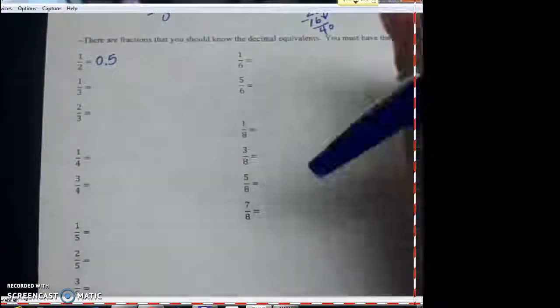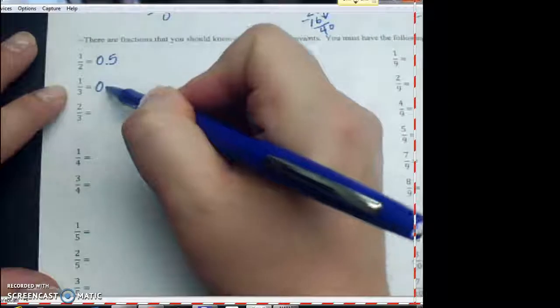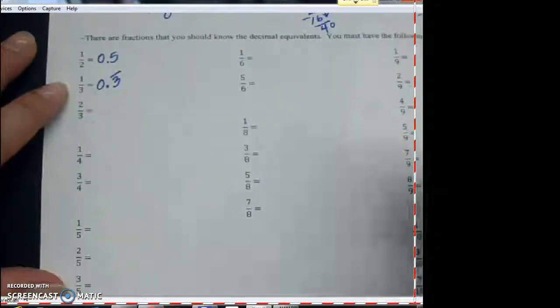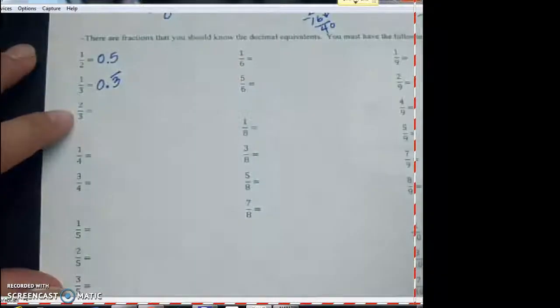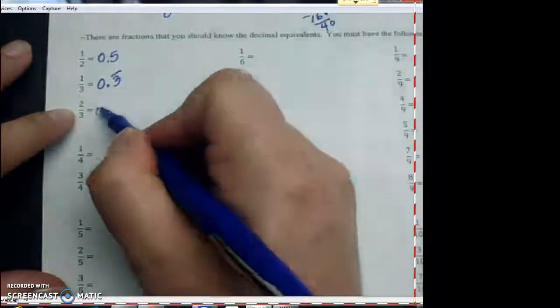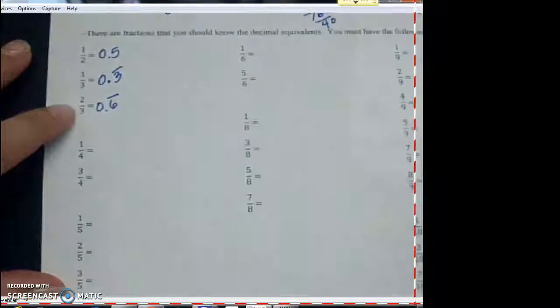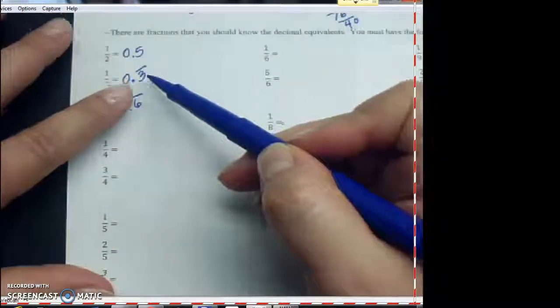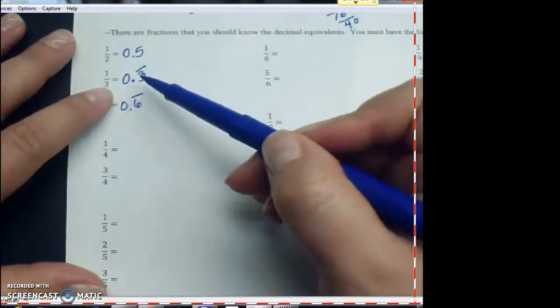It is 0.3 repeating. So then 2/3. Does anybody know what that is? 0.6 repeating, with the bar over it. You have to have the bar over it because the bar is the difference between 3/10 and 0.3 repeating.